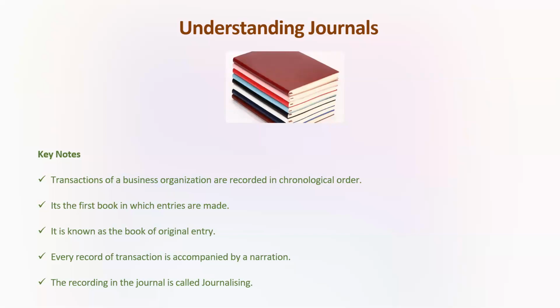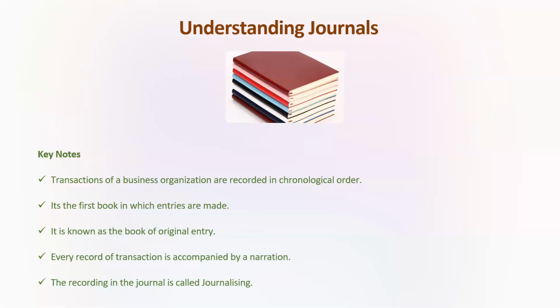When physical documentation was done, it was a very hard bound copy of the accounting notes, bound together, because all the transactions for the past 1 year have to be recorded. Sometimes even that would not be sufficient for a few businesses, so once in 3 or 4 months they would purchase new journals.